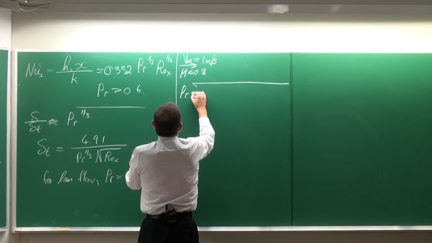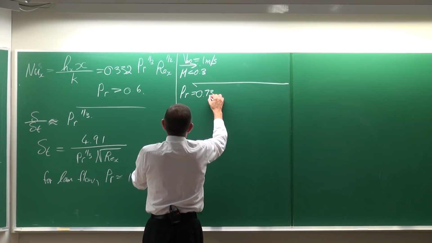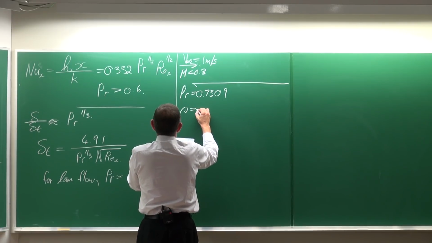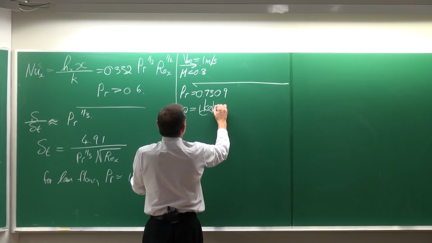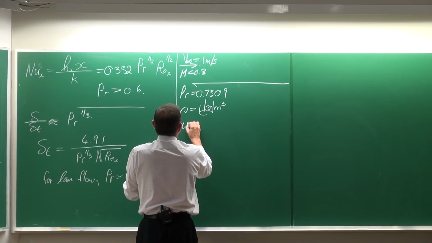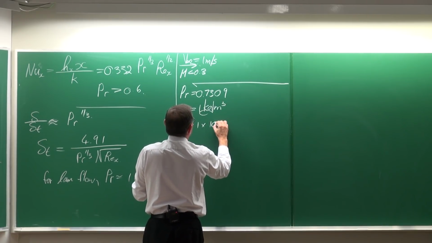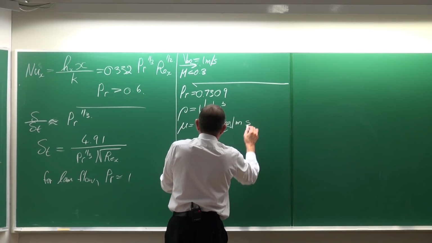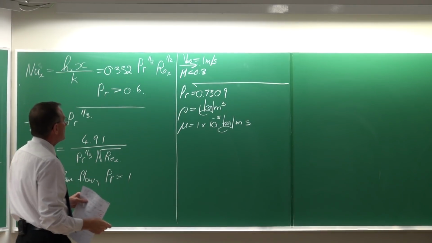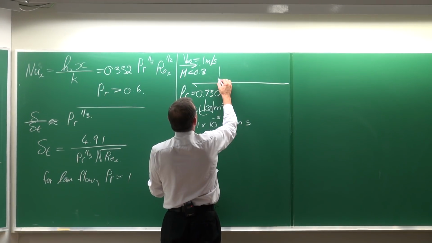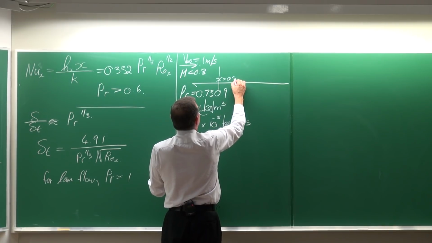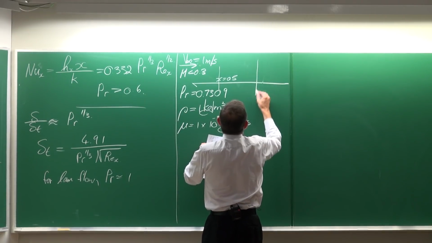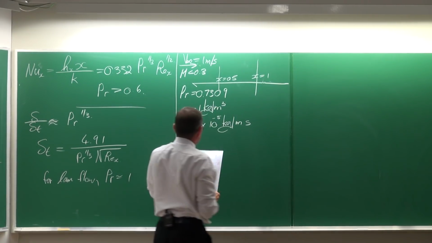The Prandtl number is equal to 0.7309. The density is equal to 1 kilogram per cubic meter, and the viscosity is equal to 1 multiplied by 10 to the minus 5 kilograms per meter per second. And we would like to get the solution at 0.5 meters from the leading edge, 500 millimeters, as well as at 1 meter from the leading edge.